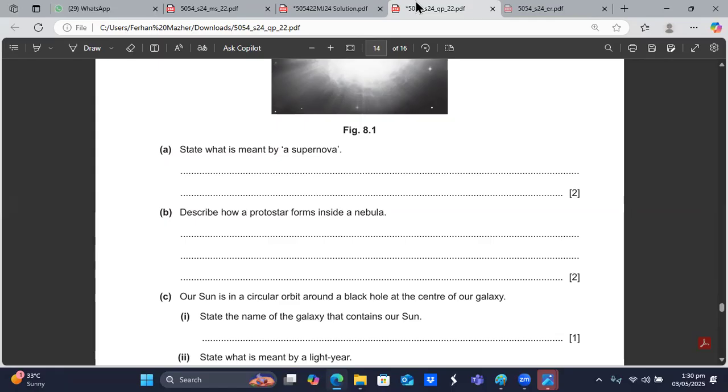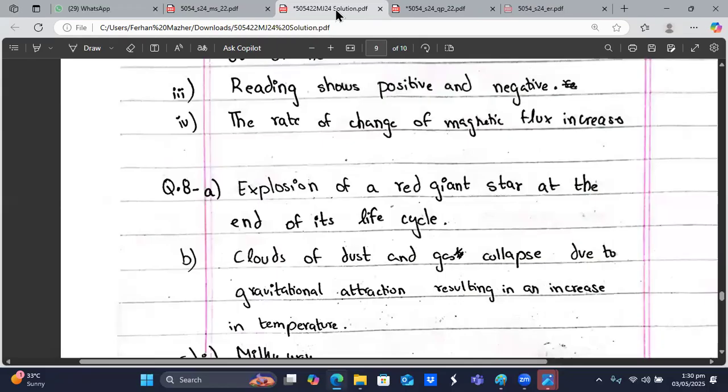Its gravity increases, the inward force increases, and that increases the temperature. Due to that, the fusion of hydrogen starts, the temperature further rises and the star becomes a protostar. It starts shining.